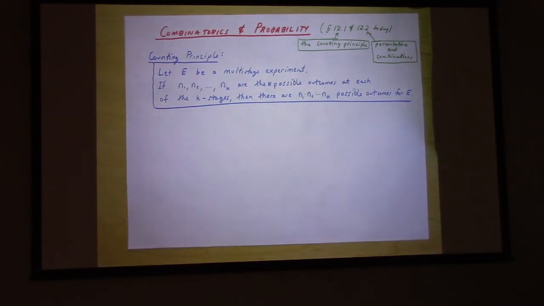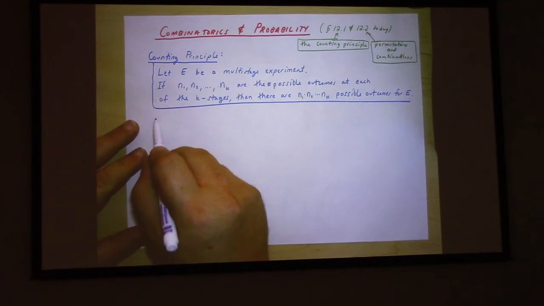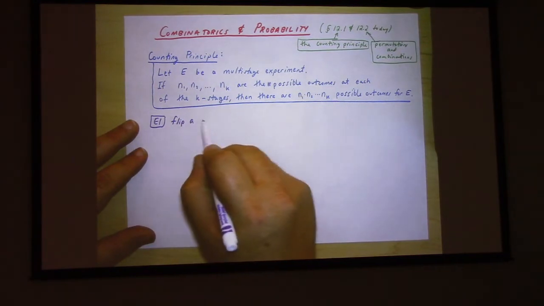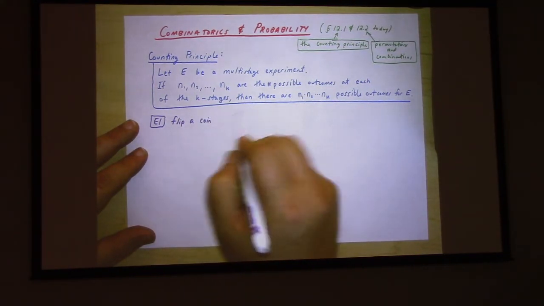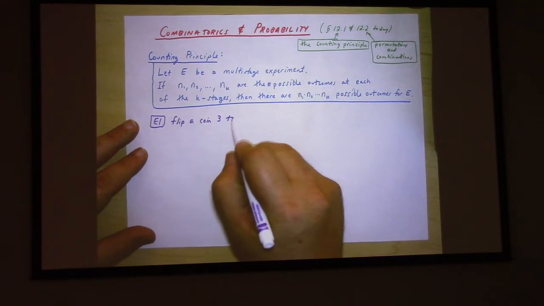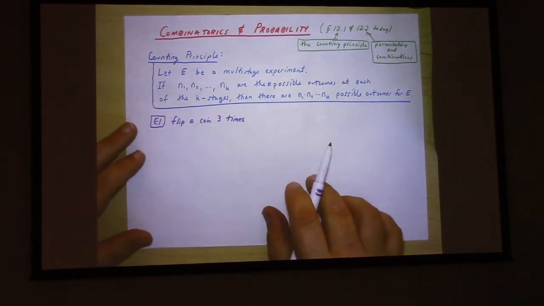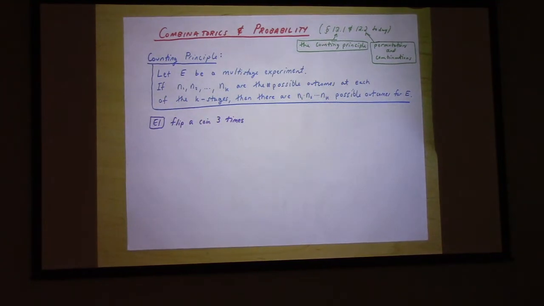So let's look at some examples. So you flip a coin 3 times, and I'm assuming this is a 2-sided coin, all right?